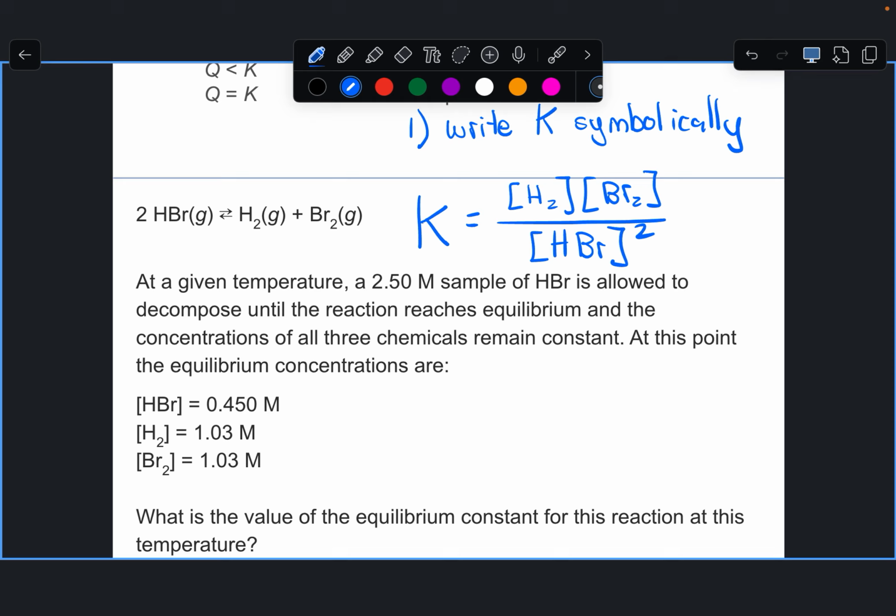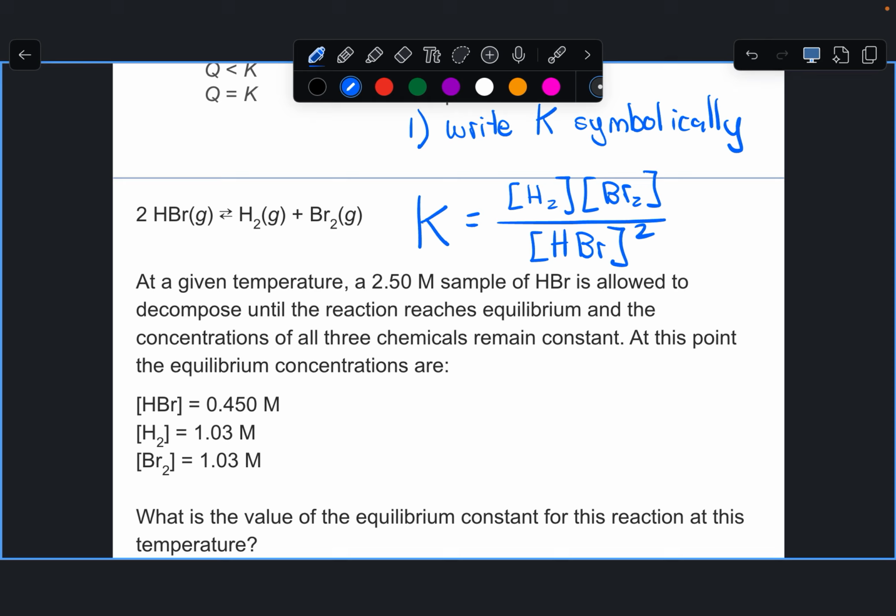So then it says at this given temperature, a 2.5 molar sample of HBr is allowed to decompose until the reaction reaches equilibrium. So let's just jot down, we're gonna do more than we need to. Like if you were solving this problem, you don't need to go through all these steps, but I wanna use it as a way to reinforce the concept. So I'm going to write down this little table that we're going to start using at the end of today and going into Wednesday.